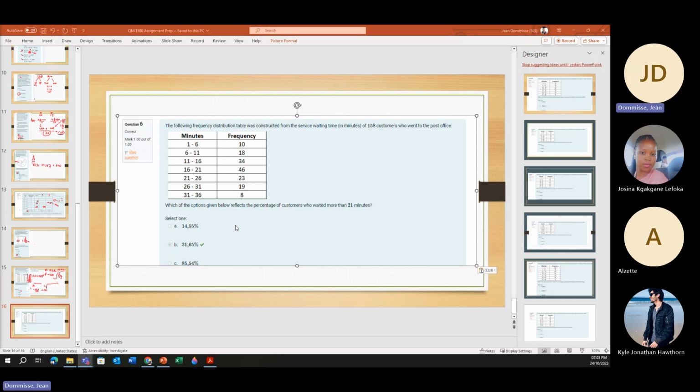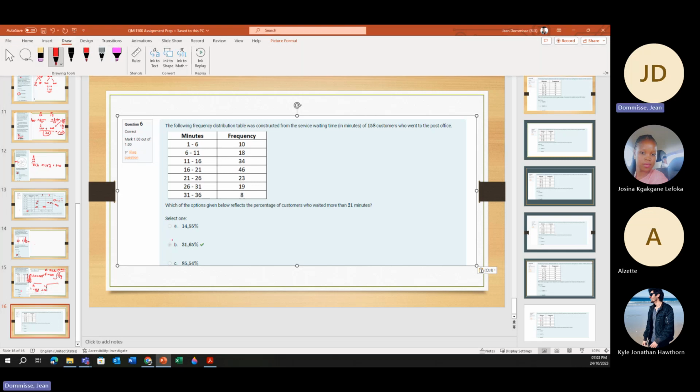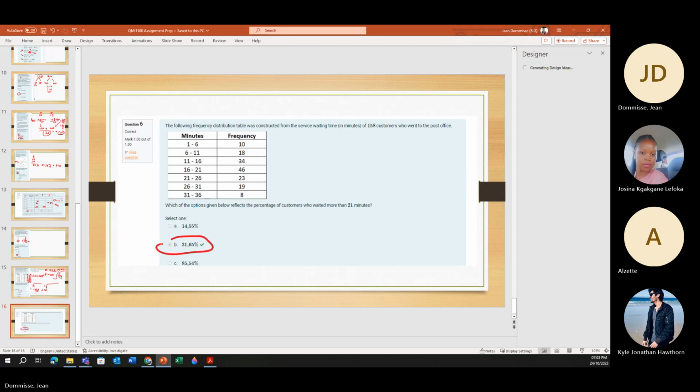They give you the frequency, so it is more than 21: 23 plus 19 plus 8 is 50, divided by 158, which will give you that option.